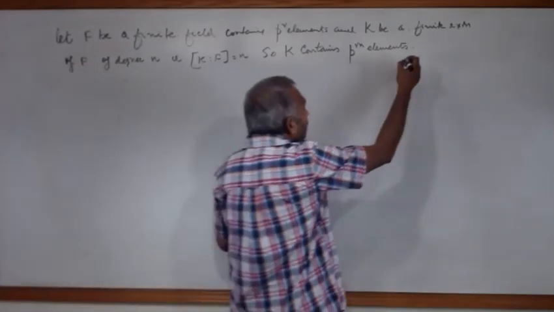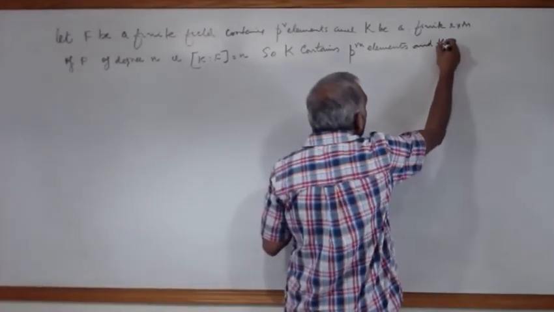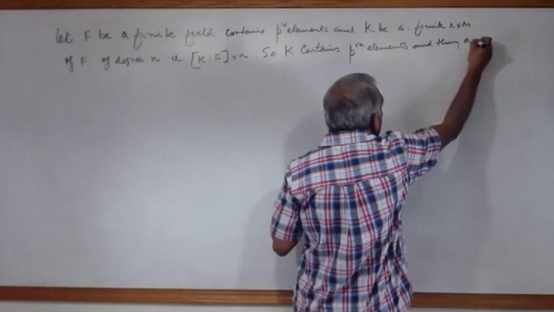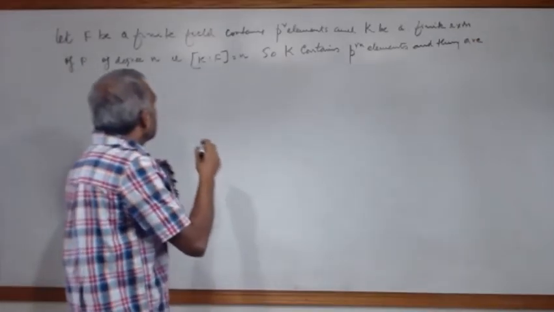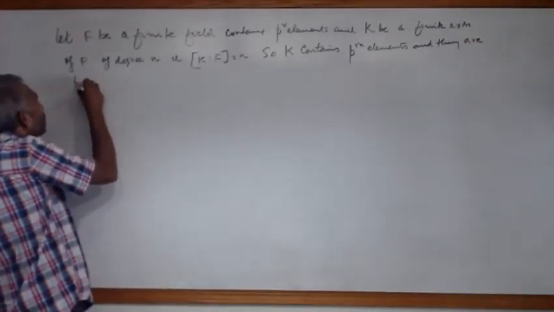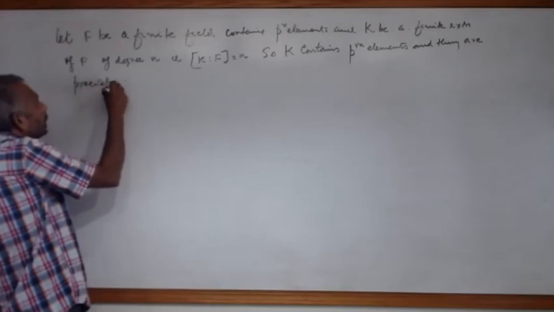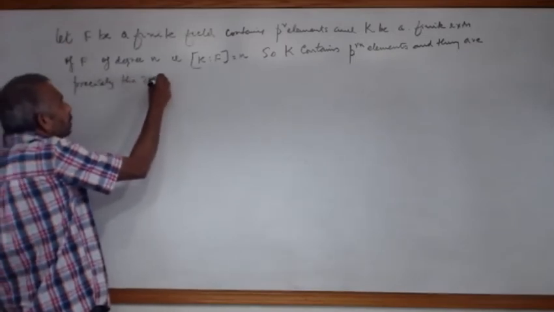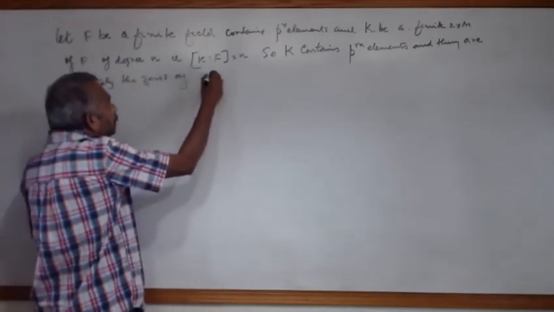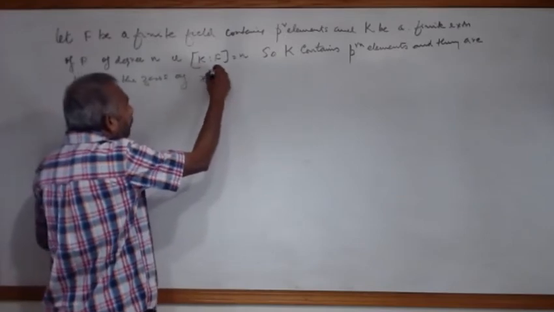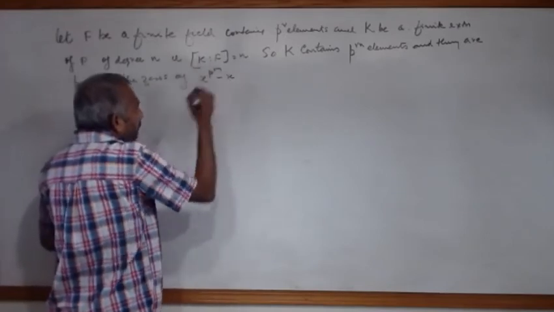And the elements are precisely the zeros of x to the power of p to the power of rn minus x.